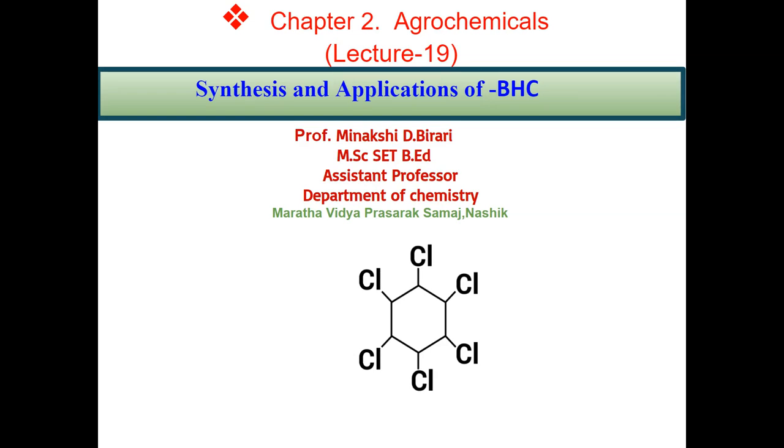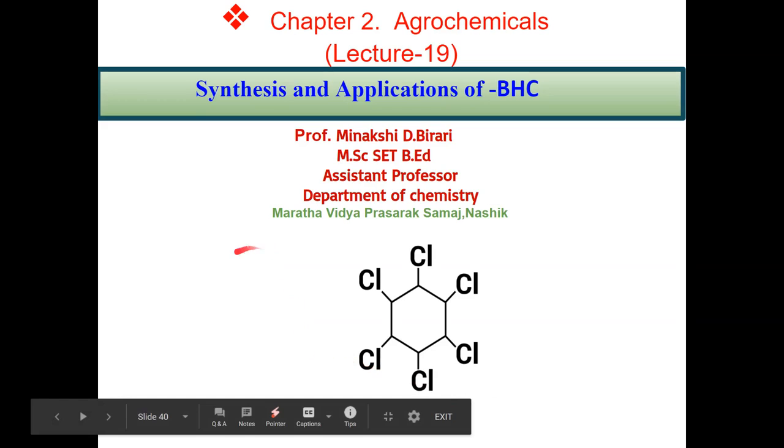So in earlier lectures we have studied the introduction and scope of agrochemicals, plant growth regulators, pesticide formulation, slow release pesticide formulation, industrial entomology and also advantages and disadvantages of agrochemicals in detail. In the previous lecture, we have studied the synthesis and applications of one of the agrochemicals, that is DDT, in detail.